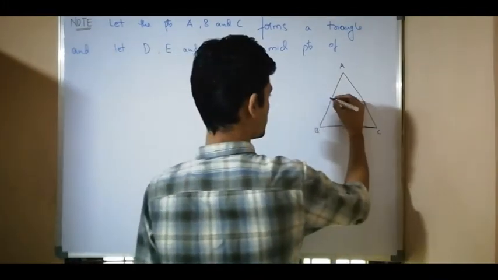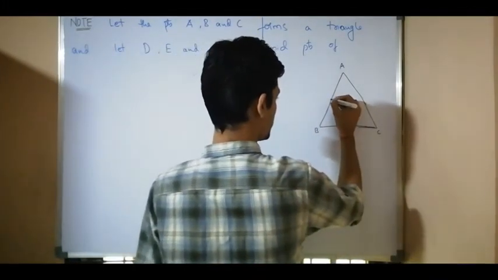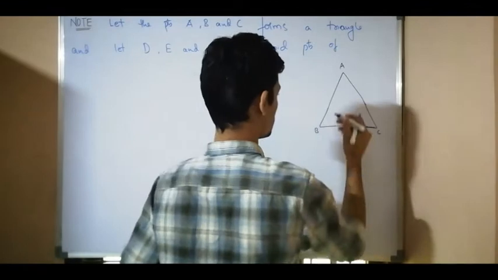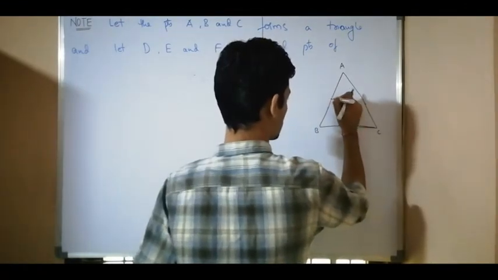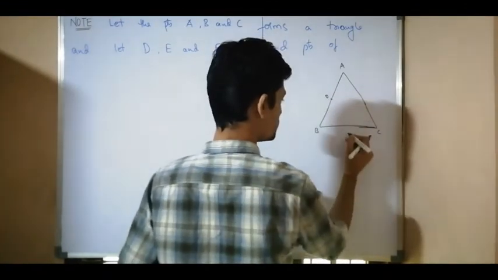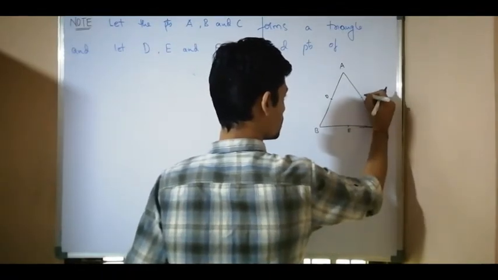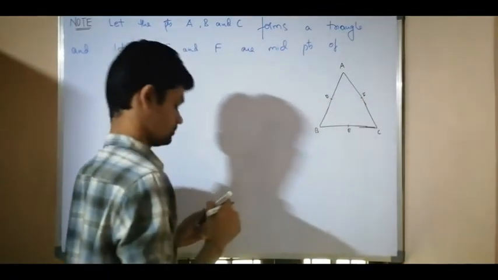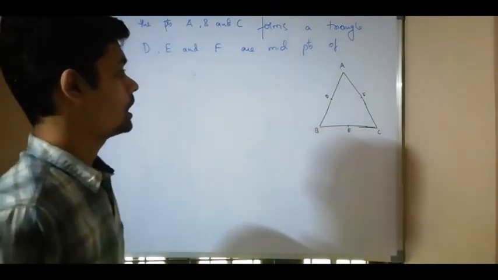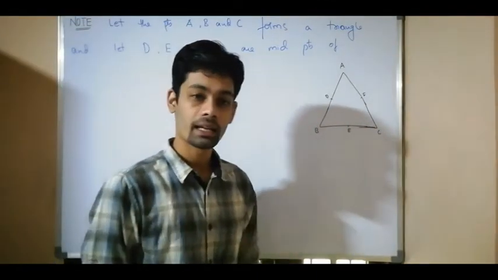Now let us take D, E, F. ABC is a triangle.